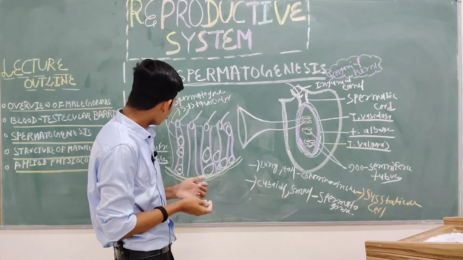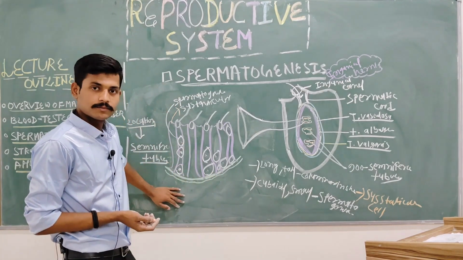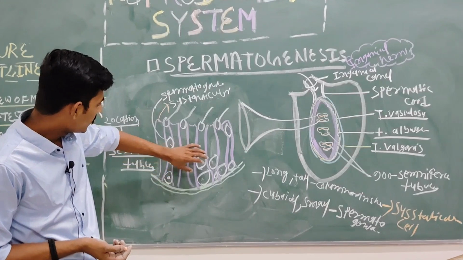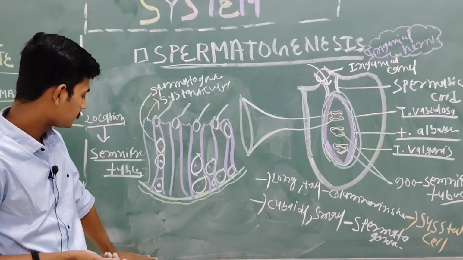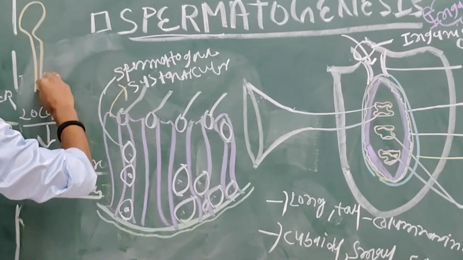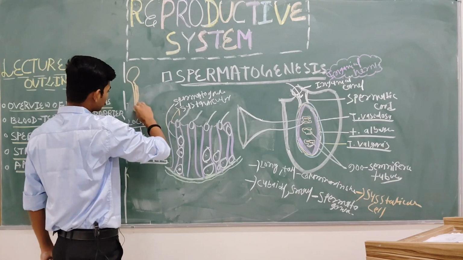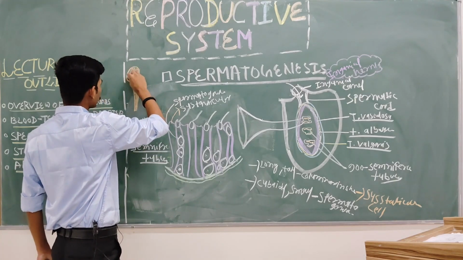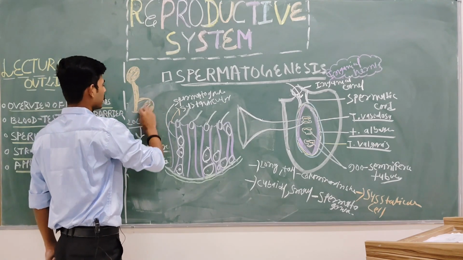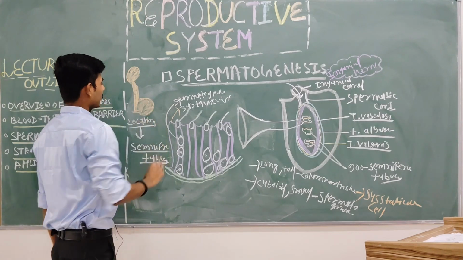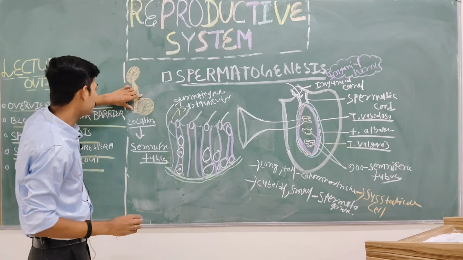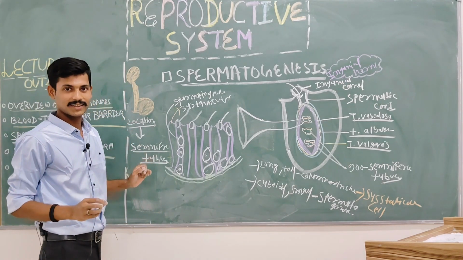Now what you are observing is that these cells are embedded, present in between this long cell. When you sit under a tree, you feel relaxed.